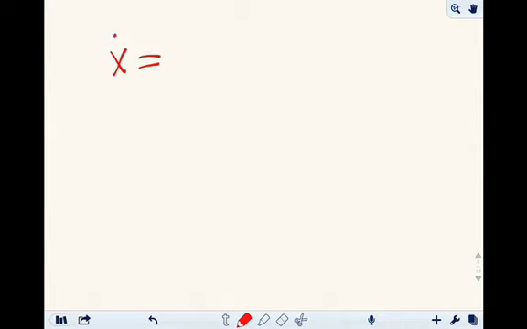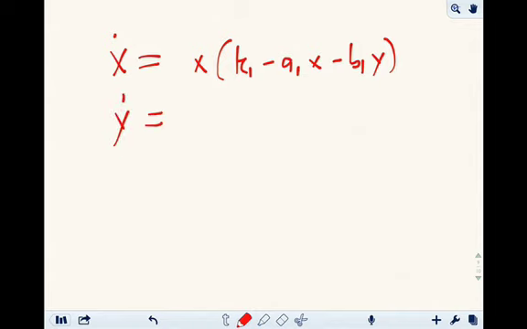And for species X, our first equation looks like this: X dot equals X times (K1 minus A1 X minus B1 Y). And our second equation is similar because they're competing: Y dot equals Y times (K2 minus A2 Y plus or minus B2 X).